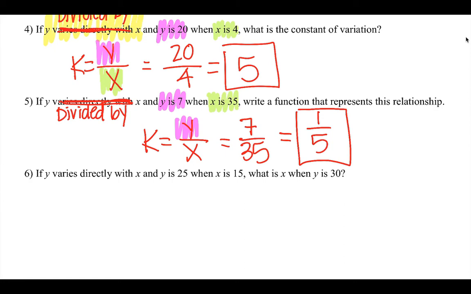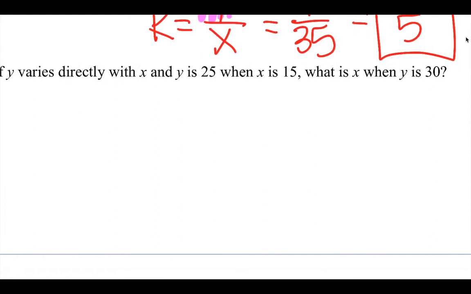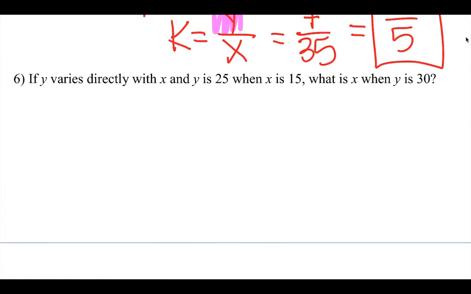Okay, let's try this one. This one's got a little bit more to it, but I think y'all got it. So if y varies directly with, ew, gross, cross it out. And we write divided by. So again, I've got y divided by x.